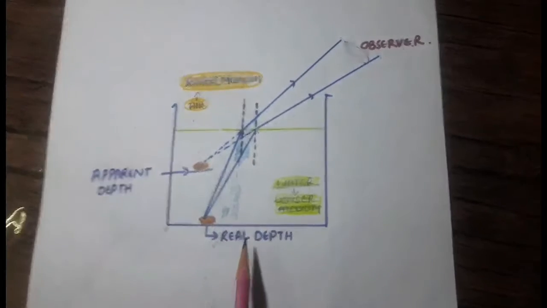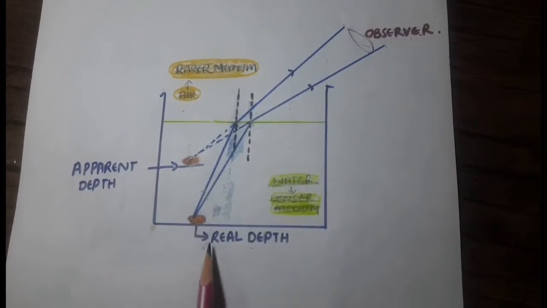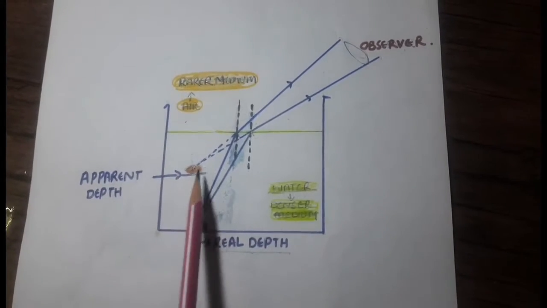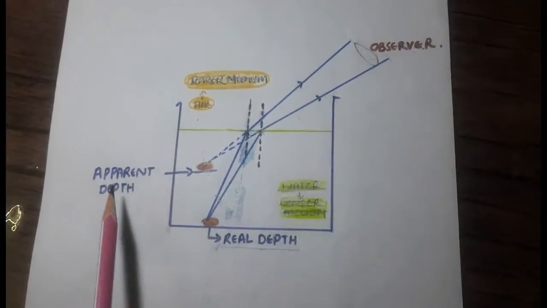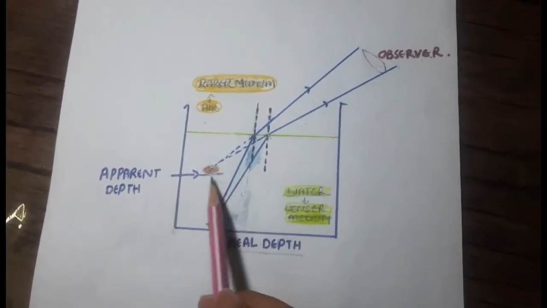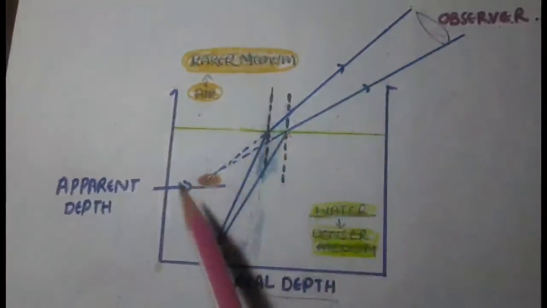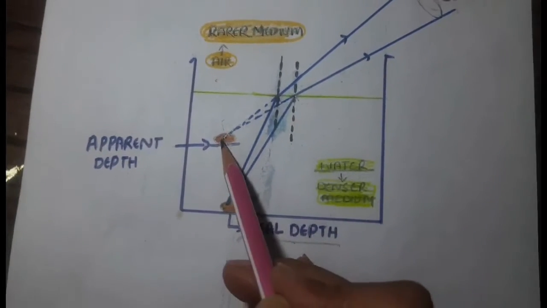The real position is this position, and the real position of the coin is known as the real depth of the coin. And this raised position, which is visible to the observer, is the apparent position, the apparent depth of the coin. This apparent depth is observed where these rays of light intersect.